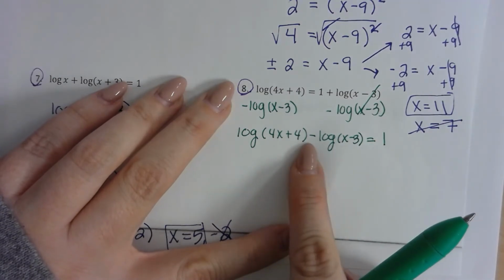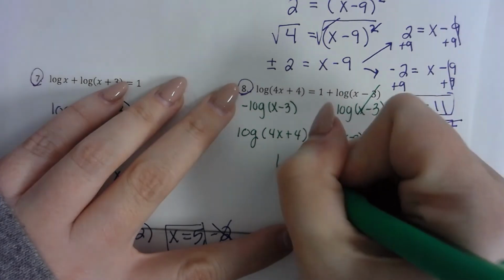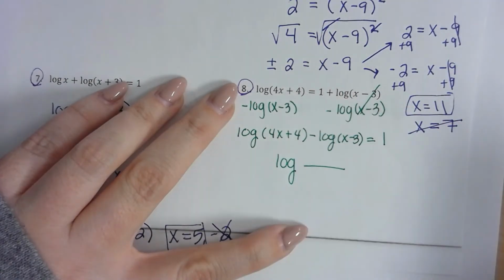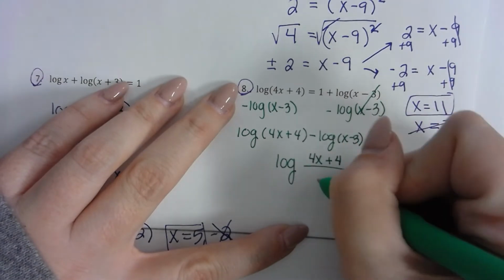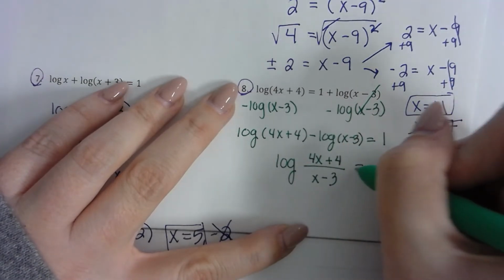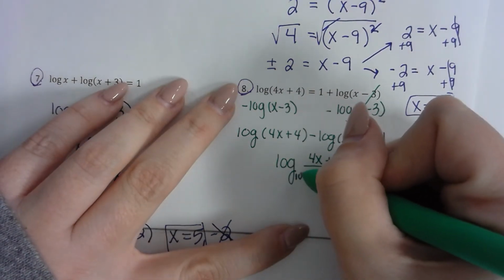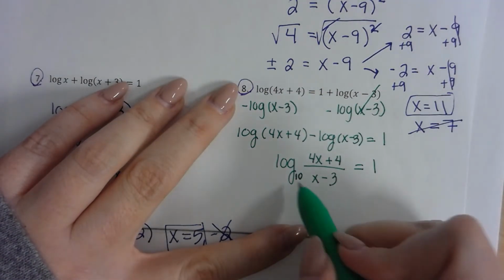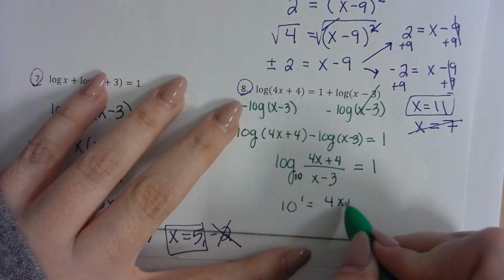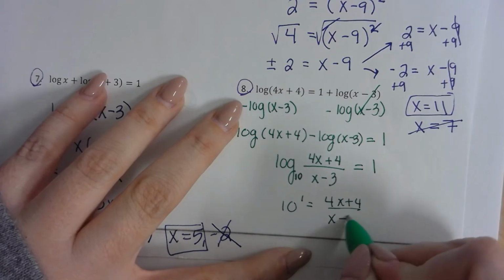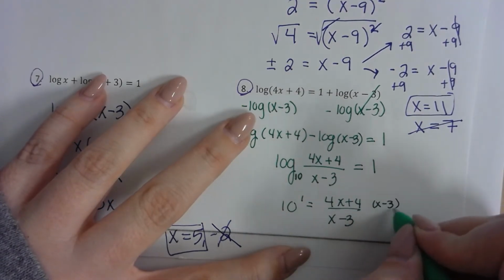Now I need this to be 1 log, and we know from our previous page that when we have subtraction, that means we can combine it with division. So 4x plus 4 is on the top, x minus 3 is on the bottom, and that equals 1. The base is then 10, so we'll rewrite it. 10 to the 1 is equal to 4x plus 4 over x minus 3. To get rid of the fraction, multiply by x minus 3.